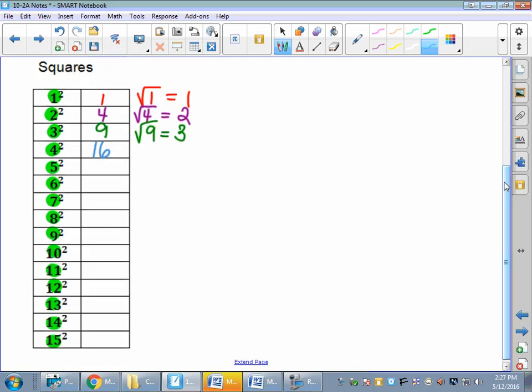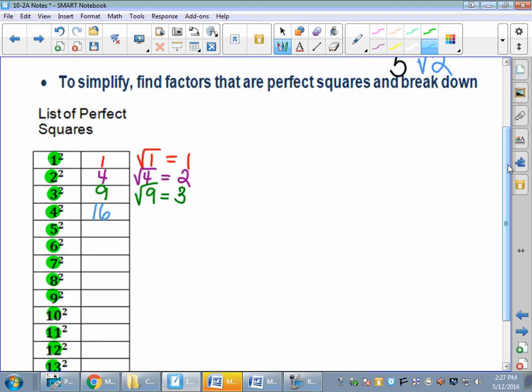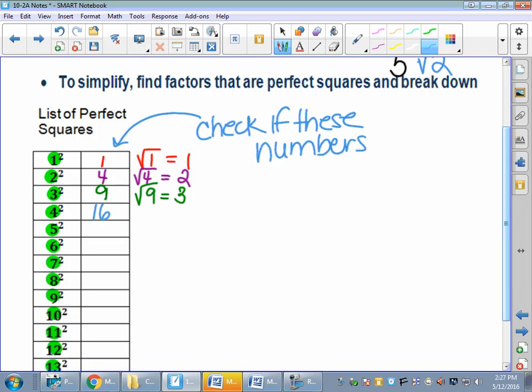So when you go to break down your numbers, you're going to go to this second column right here, and you are going to check if these numbers are factors of what you are trying to break down.